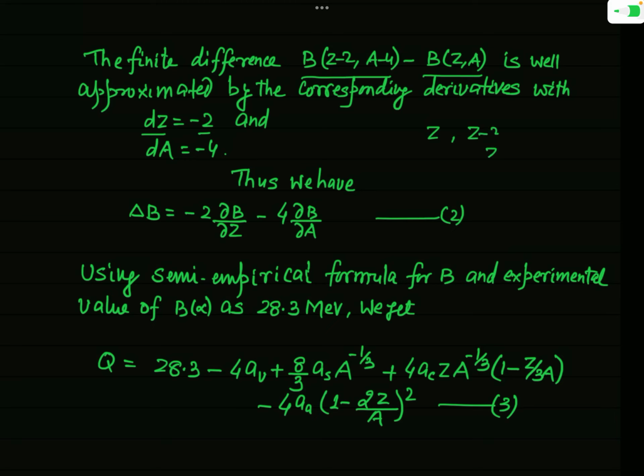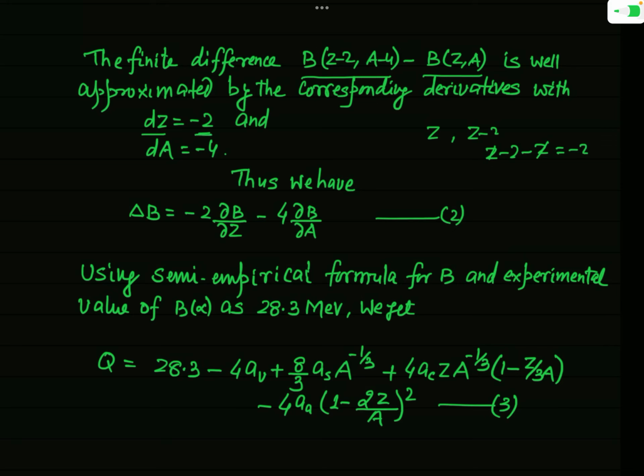So what will be the change in Z? This will be Z minus 2 minus Z, which is equal to minus 2. So you can say that the change in Z, that is dZ, is equal to minus 2.